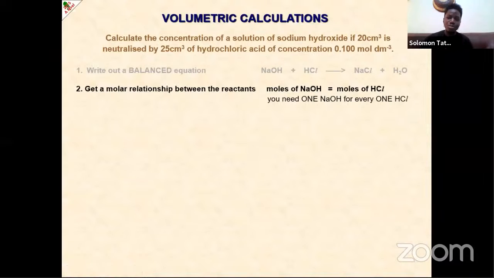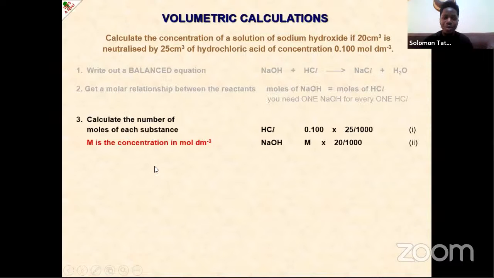So the moles of sodium hydroxide are equivalent to the moles of HCl that react. Very equivalent, 1 to 1. In step 3, all we are doing is finding the moles of HCl and finding the moles of sodium hydroxide. How? The moles of HCl, this is how we find them.